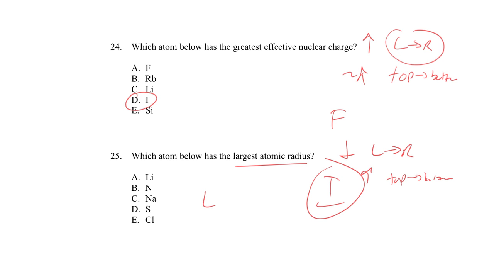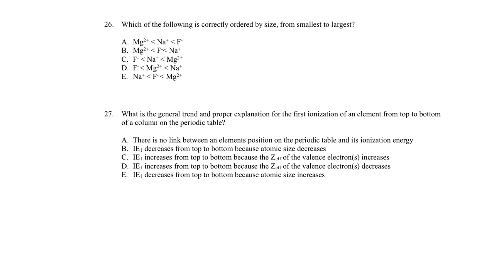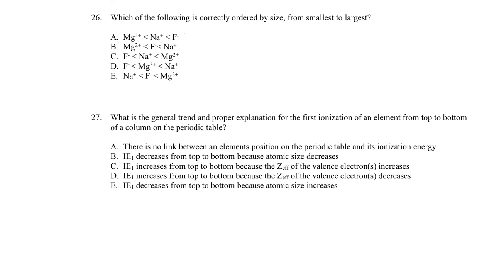And so if we reconstruct our periodic table, sodium here is clearly going to be the largest because we're the furthest to the left and the furthest to the bottom, which are ranked by size correctly in 26.